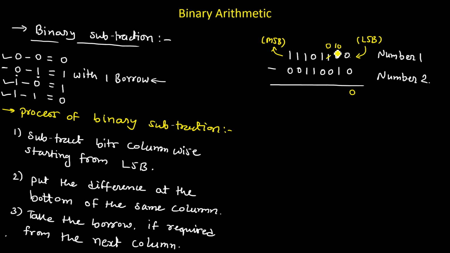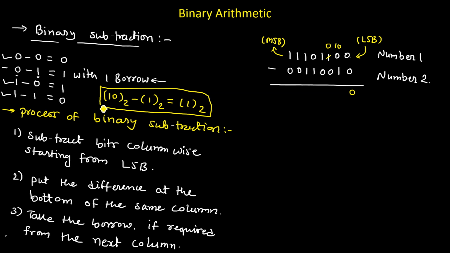If we subtract, then 10 in binary minus 1 in binary gives 1 in binary. This is a very important point while doing binary subtraction of two numbers. So 10 minus 1 we get 1.